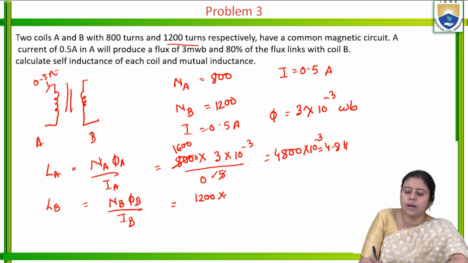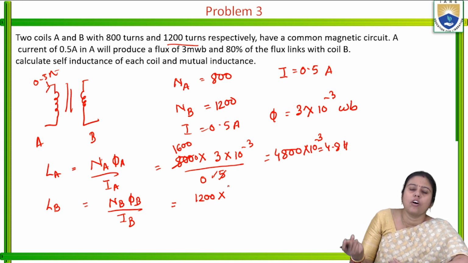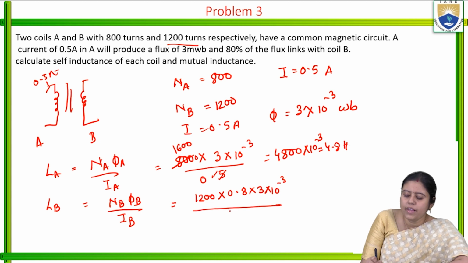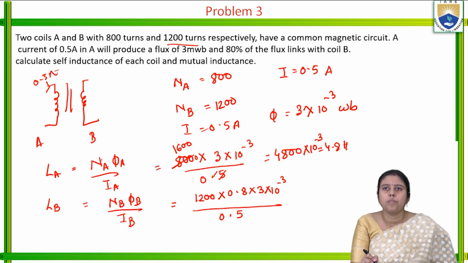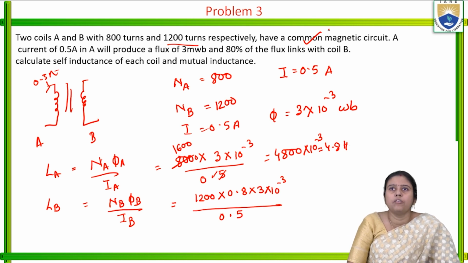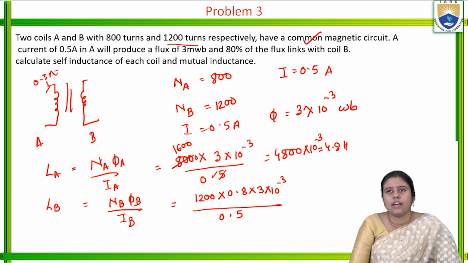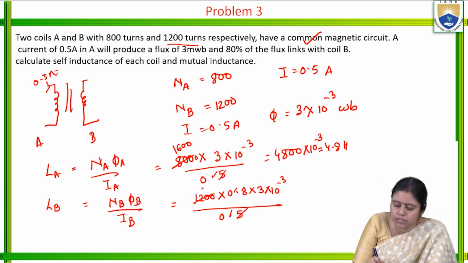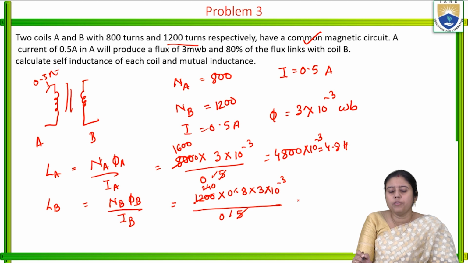What is the value of the flux? 80% flux is only cutting, so 0.8 into 3 into 10 to the power minus 3, divided by 0.5, because the current is the common magnetic current. The same amount of current is flowing in the circuit. So what is the value? It is 240. So if we solve, we can get the LB value in Henry.